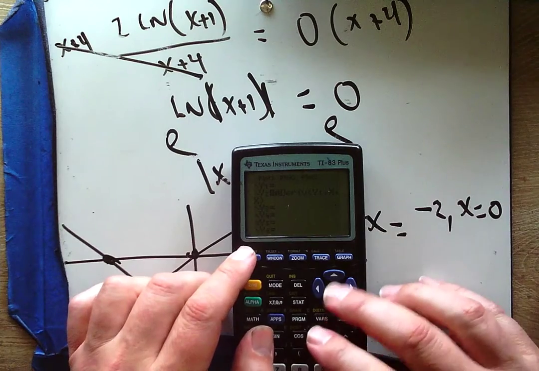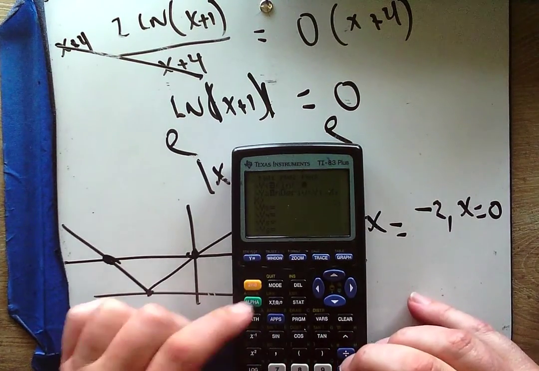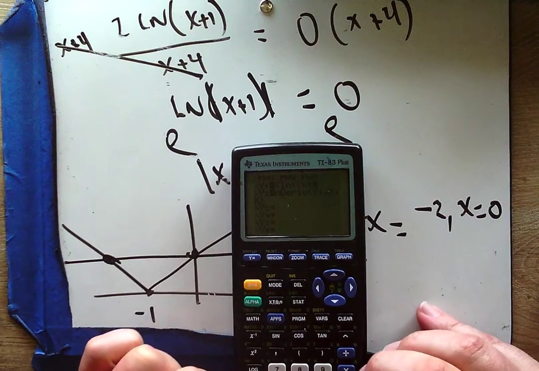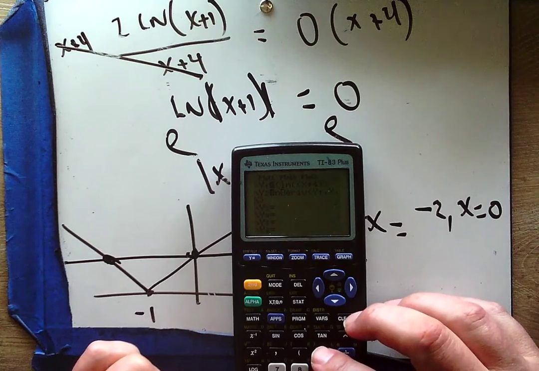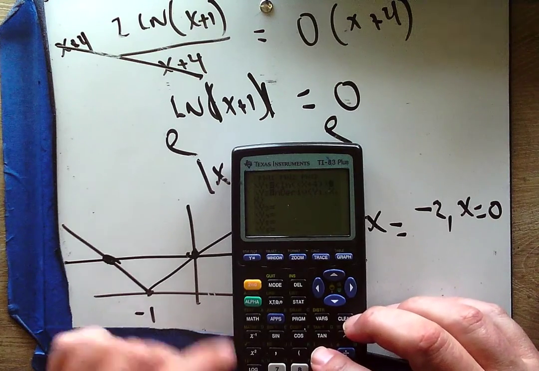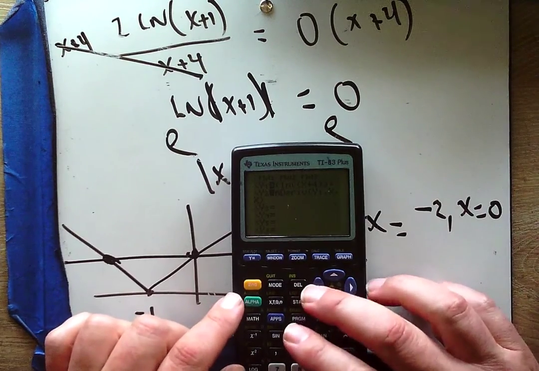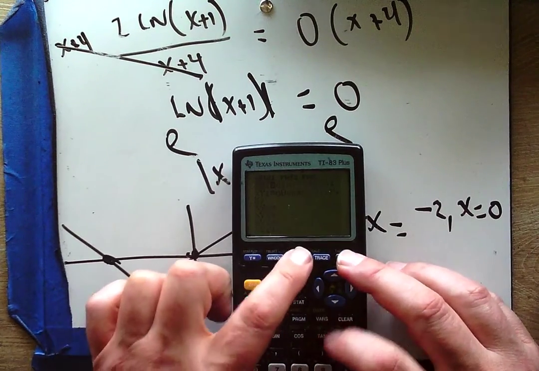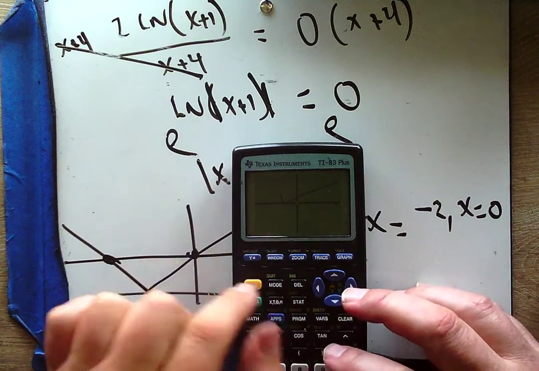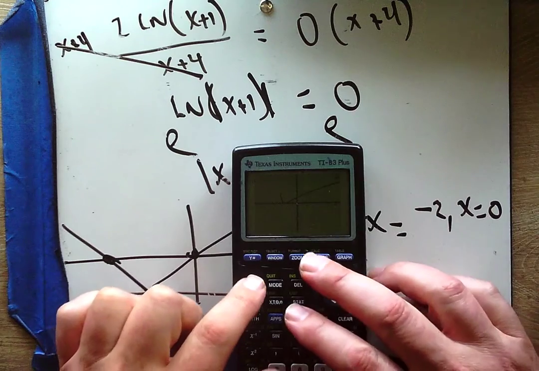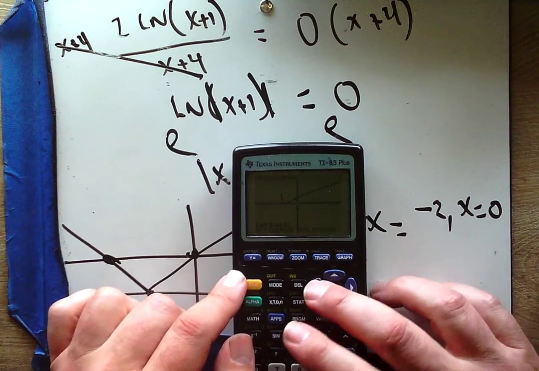Okay, start again. Parentheses, ln, parentheses x plus 4. Close parentheses on the ln. Close parentheses, put the square in. Okay. So, zoom standard. Yeah, I don't see a horizontal tangent there, but I think I do here. Let's see if there's a 0 there.